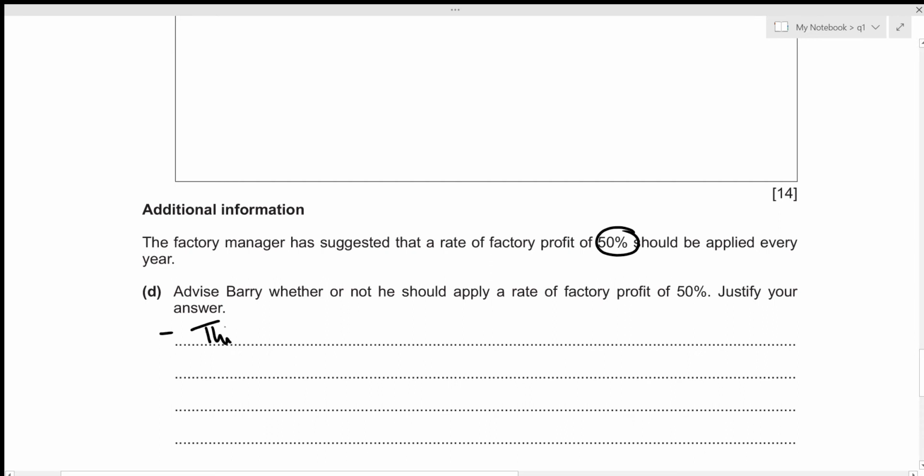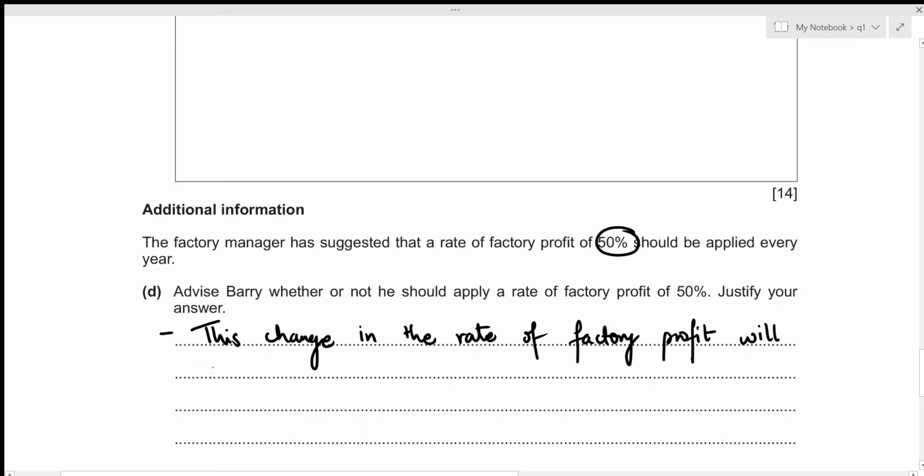This change in the rate of factory profit will not reflect the market price, and therefore would be subjective.